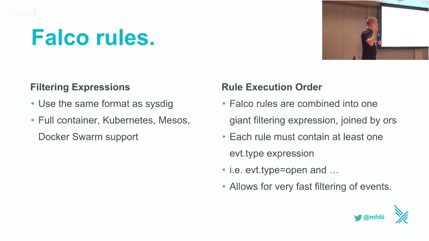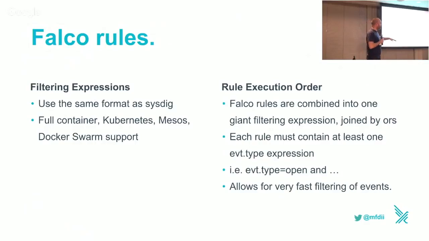What we do is we take all of the rules and combine them into one big filtering expression joined by ORs. This means the first rule that gets violated is the one that will get triggered, and thus other rules down the chain may not necessarily get triggered on the event. So basically, an event can only match one rule at a time.